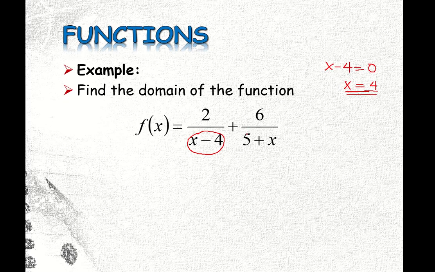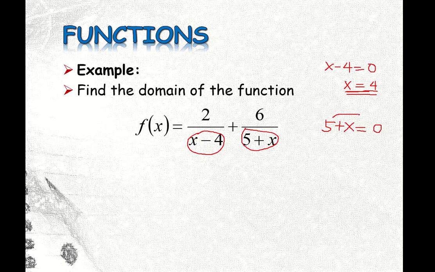Okay, so the other one is 5 plus x. We equate this to 0 and solve for x. So 5 plus x equal to 0. To solve for x, we subtract 5 from both sides, or you just transpose 5 to the other side.